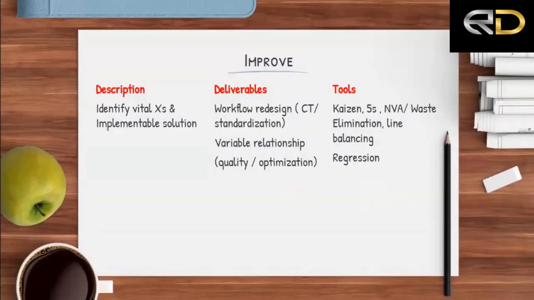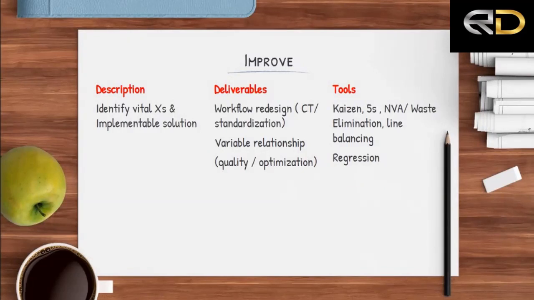And in order for you to determine how you can fix those root causes, you have to identify the vital X's. Okay, what were the main factors that are really affecting this process? At this point, you are going to be categorizing the X's, the factors that are affecting the process.